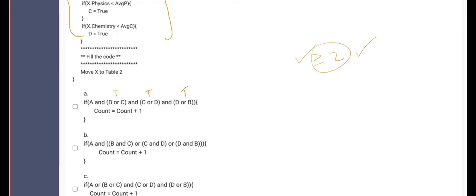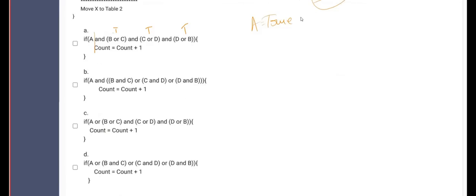So if A is always true, right? So leave this behind. So it should not be OR, it must be AND only. Definitely this is not one of the answers.